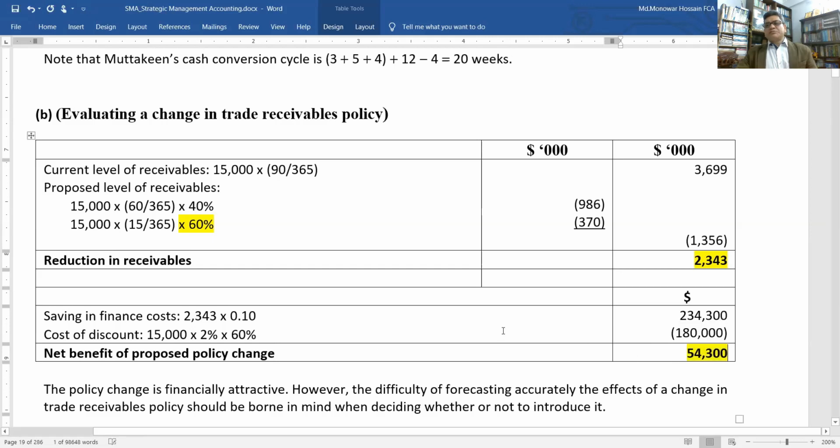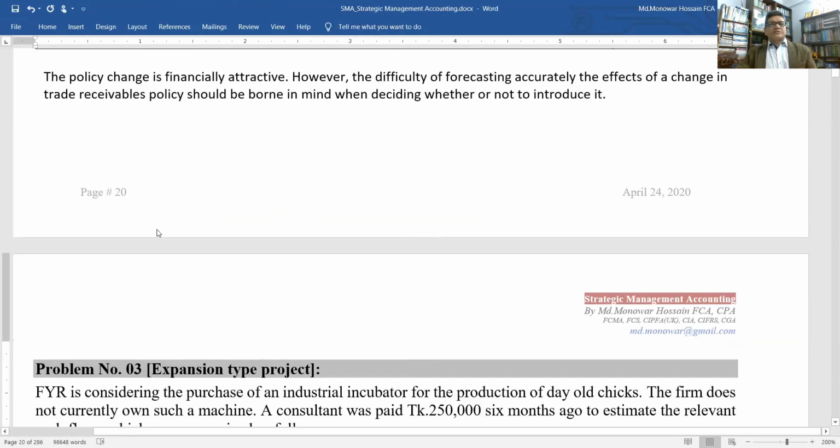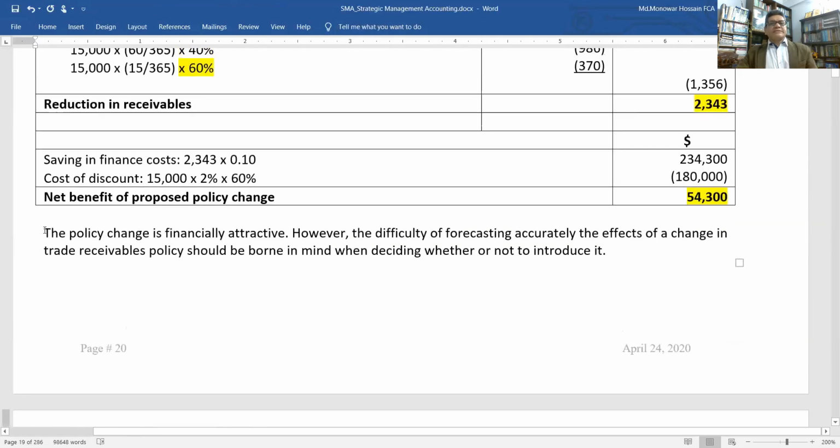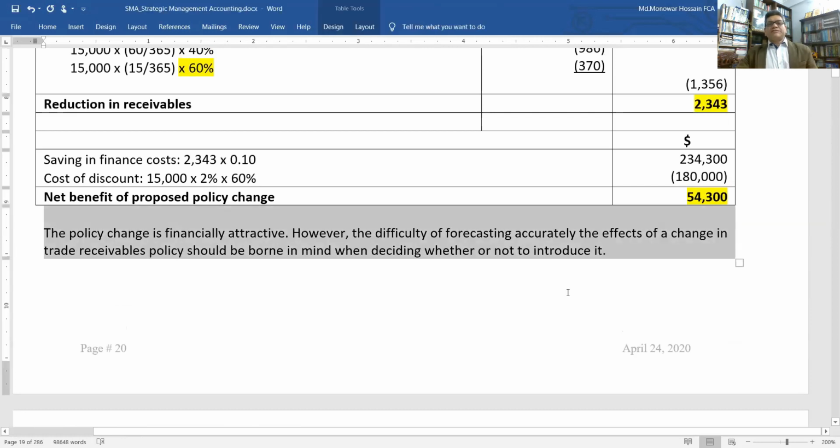Company will be benefited. The policy change is financially attractive. However, the difficulty of ensuring accuracy of the effect of the change in the trade receivable policy should be borne in mind while deciding whether or not to introduce it, but it is positive.